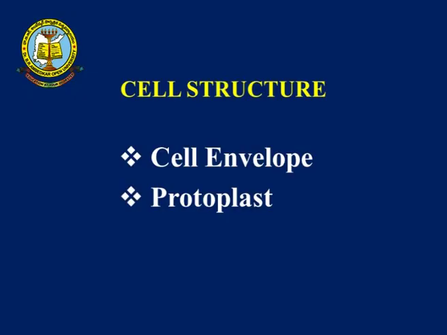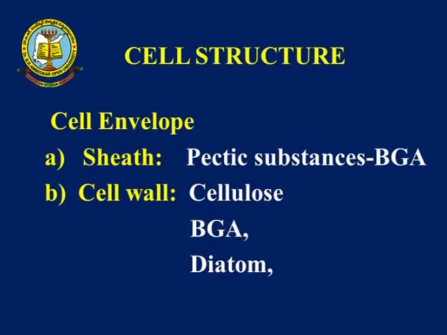Next, after the thallus, whether unicellular or multicellular, in multicellular forms, cenobial, filamentous, parenchymatous, any thallus is made up of cells. So let us know about cell structure. The main components of the cell are the cell envelope and the protoplast. The cell envelope is again of two types, sheath and cell wall.